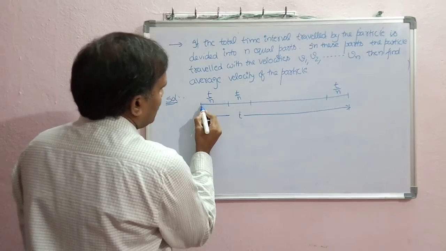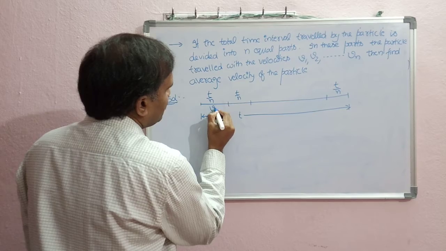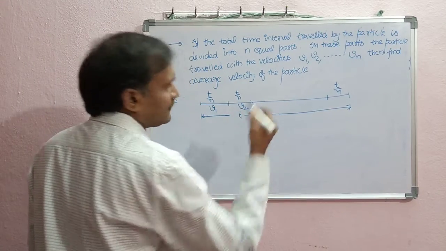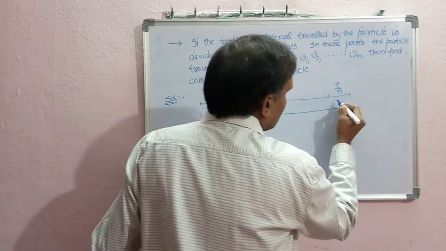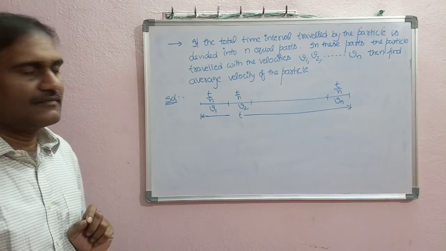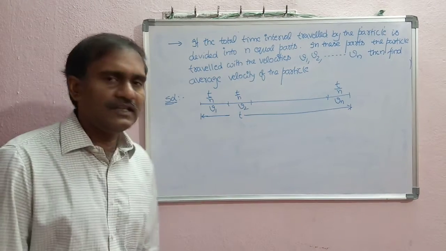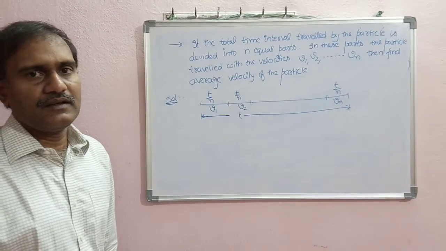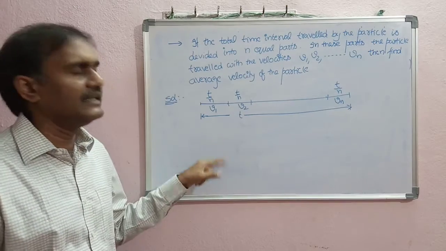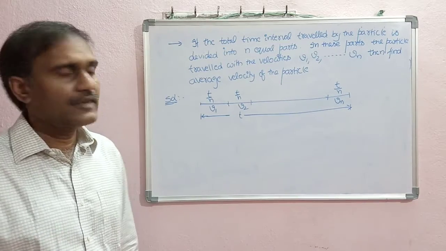Now, during this time interval, its velocity is v1. During this time interval, its velocity is v2. During this time interval, its velocity is vn. Now we want to find out the average velocity, that is total displacement traveled by the particle divided by time interval.